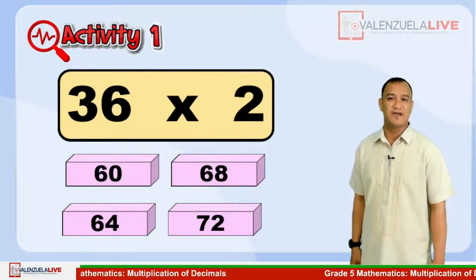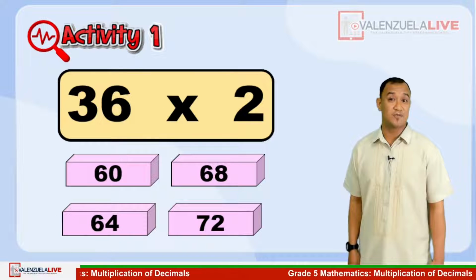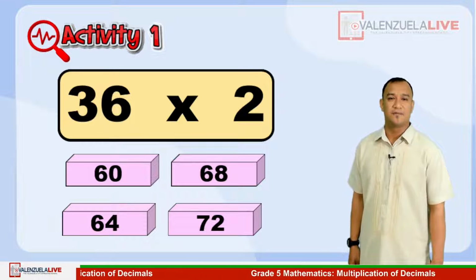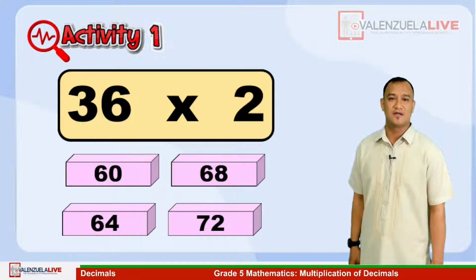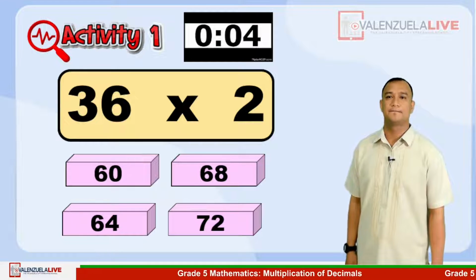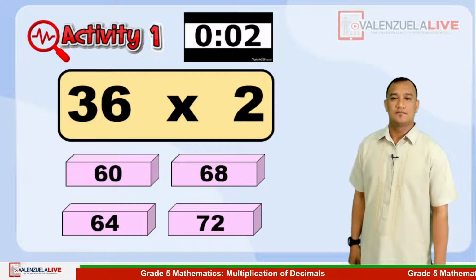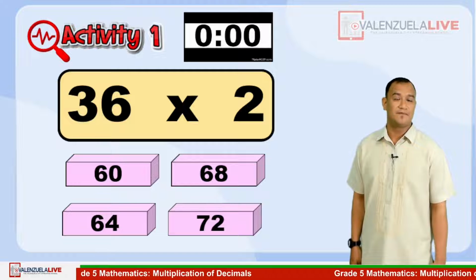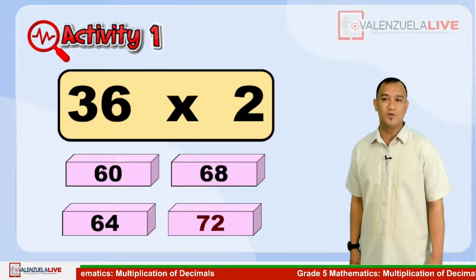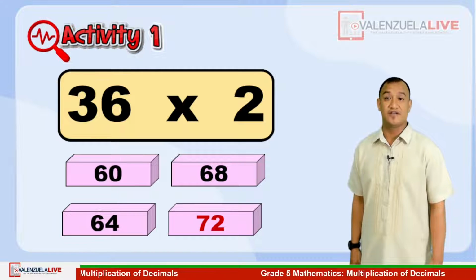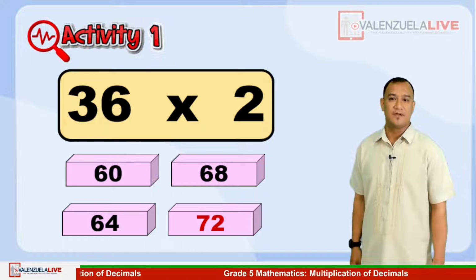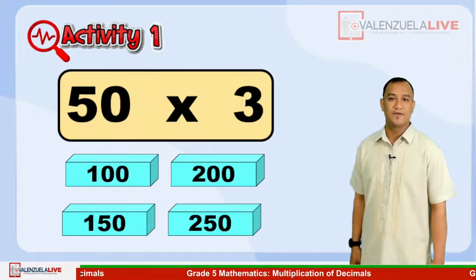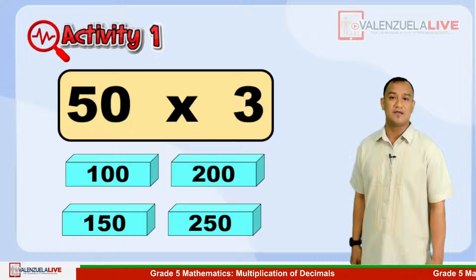For the third given, 36 times 2. Your 5 seconds starts now. Okay, time's up. If your product is 72, your answer is correct. And for the last given, 50 times 3.